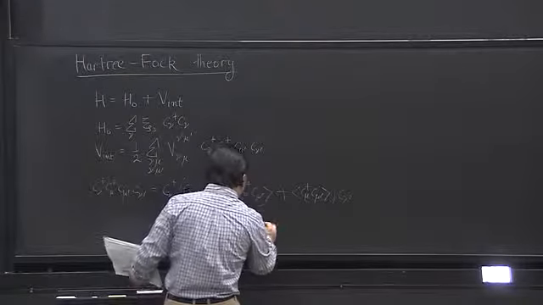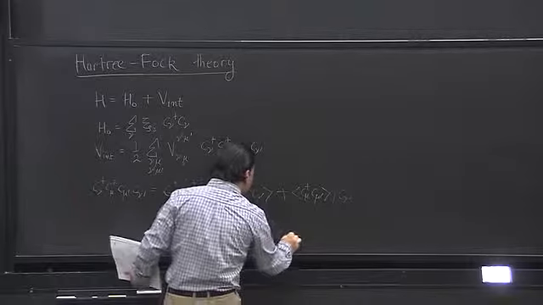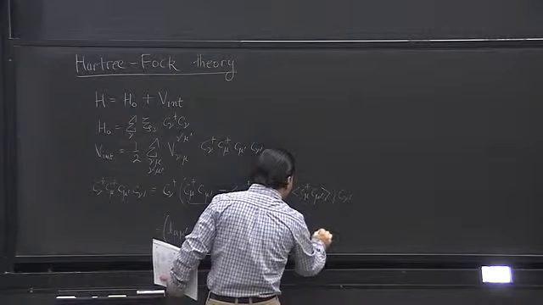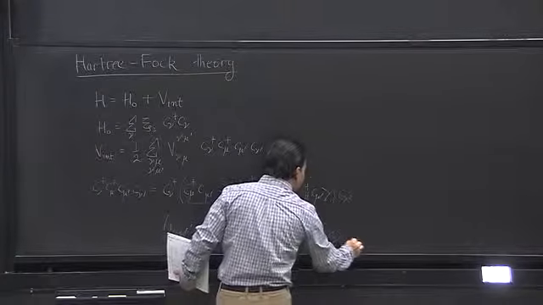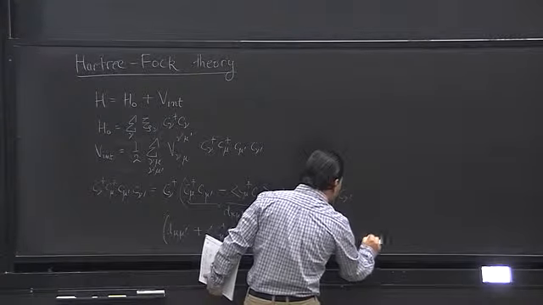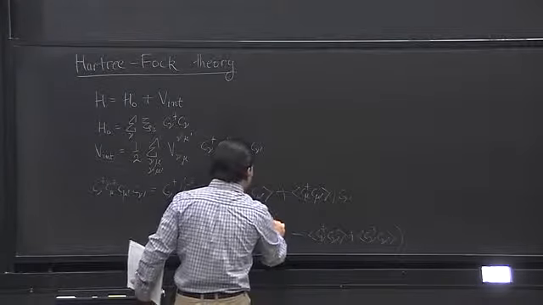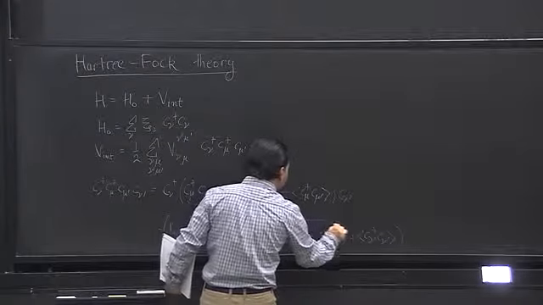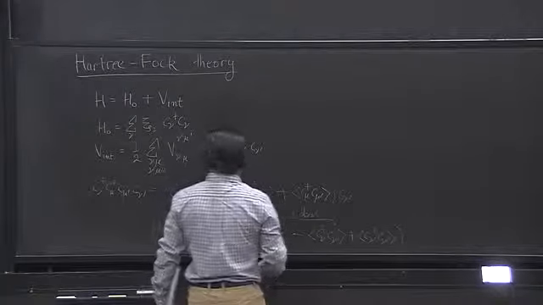Then I will be left with this operator c nu dagger c nu prime. This I'm going to write again as c nu dagger c nu prime, I will subtract the expectation value and add it back. And this I will call the deviation operator nu prime.